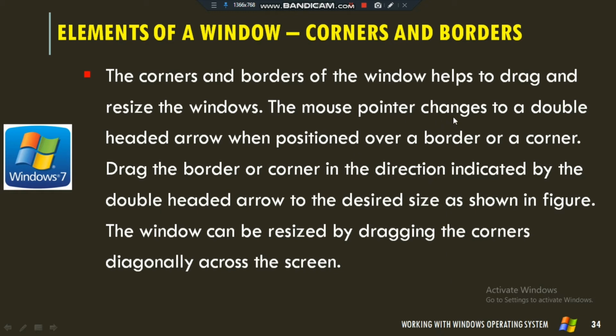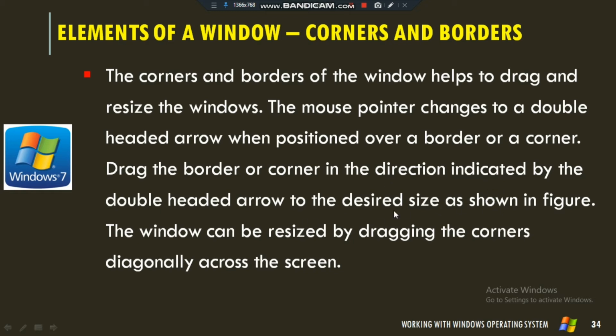If you want to resize the window, place your mouse pointer on the border. Then the mouse pointer changes into a double-headed arrow. Drag the border or corner in the direction indicated by the double-headed arrow to the desired size, as shown in the figure.